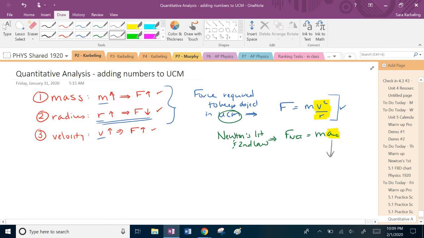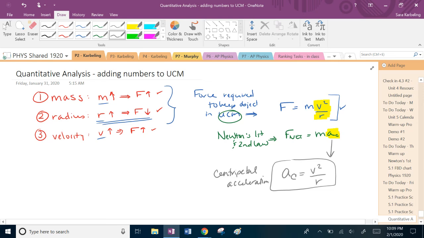So from this, we can reason that the centripetal acceleration, the acceleration of an object moving in uniform circular motion, is equal to the velocity squared of the object as it's rotating, divided by the radius of the circle that it's going in. I'm going to put a big box around that and label this as the formula for centripetal acceleration. So hopefully that makes some decent sense.